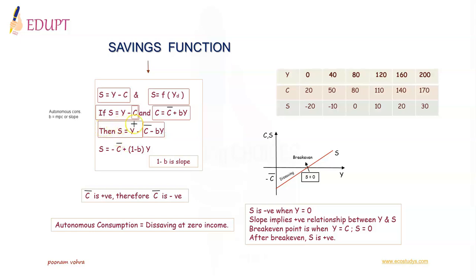So we get the algebraic equation as S is equal to minus C bar plus (1 minus B) into Y.